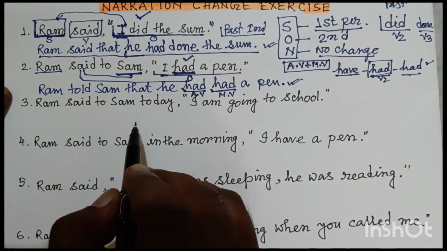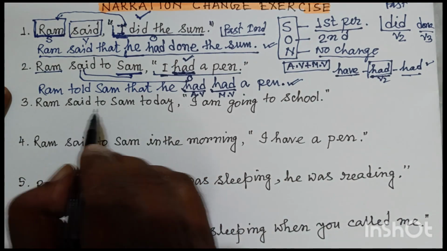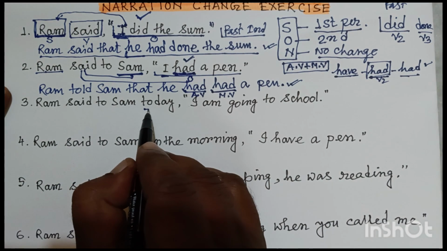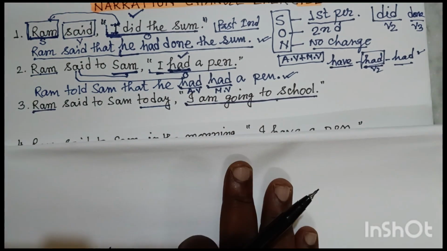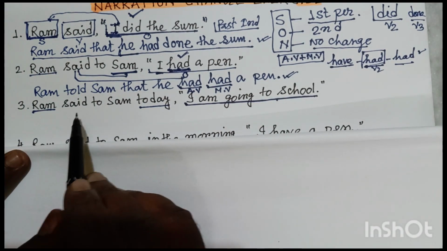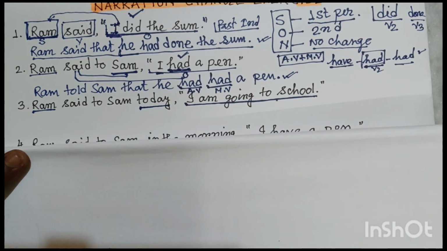Now look, another very important thing. Ram said to Sam, "Today there is time. I am going to school." Friends, you have seen "Ram said to Sam today." There is a time adverb.